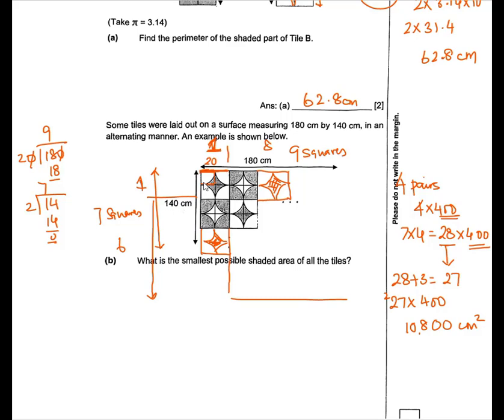This is made of a quarter circle, quarter circle, quarter circle, and quarter circle. 4 quarter circles make one circle. So if you're talking about a square whose side is 20 centimeters, and if I were able to flip this, this would form a complete circle here.